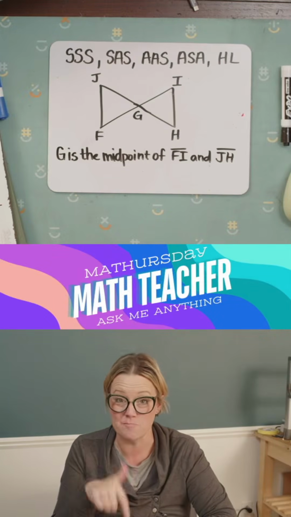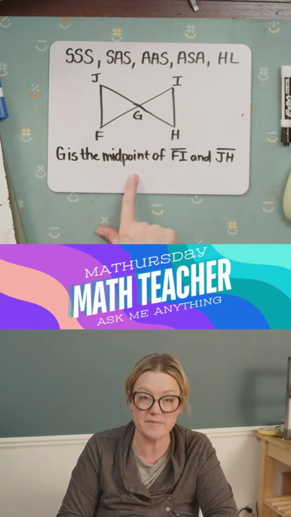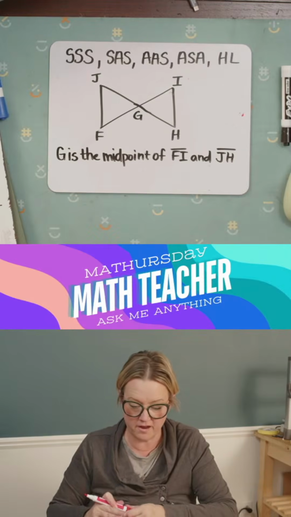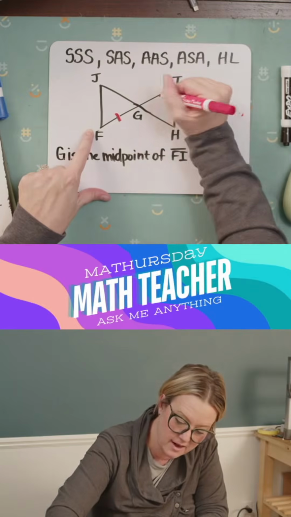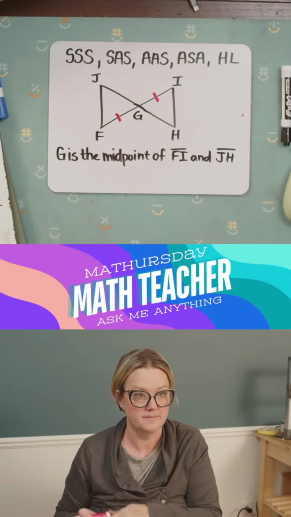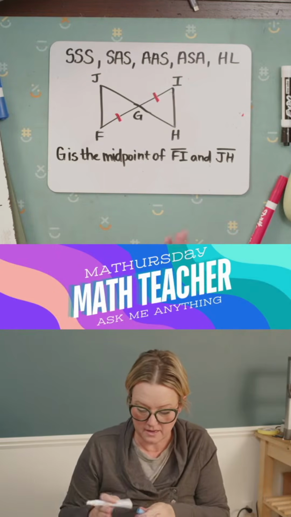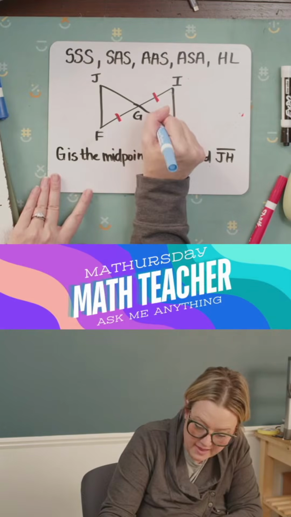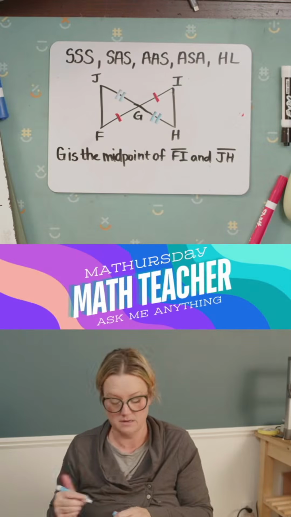Now it's up to us to mark this diagram up, okay? So G is the midpoint, which means it cuts it in half, right? It's in the middle. So G is the midpoint of FI, so that means that this section and this section are congruent. And it's also the midpoint of JH, so this segment and this segment are congruent.